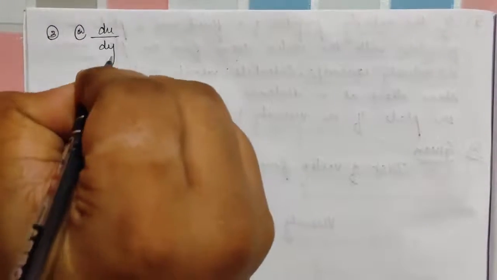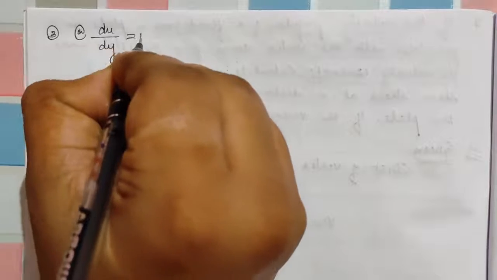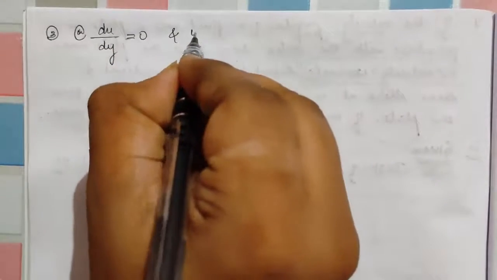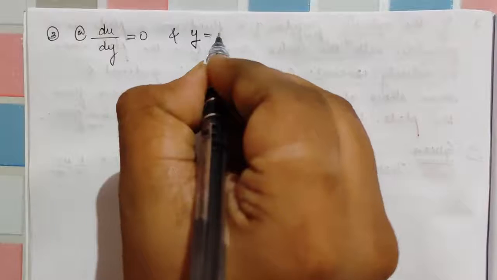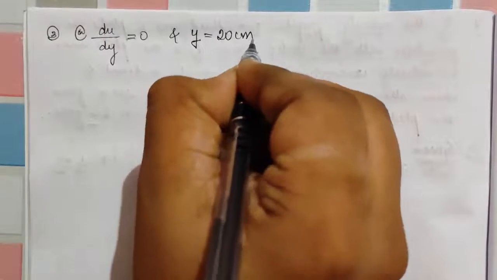So the third boundary condition is du by dy is equal to 0 and y is equal to 20 centimeter.